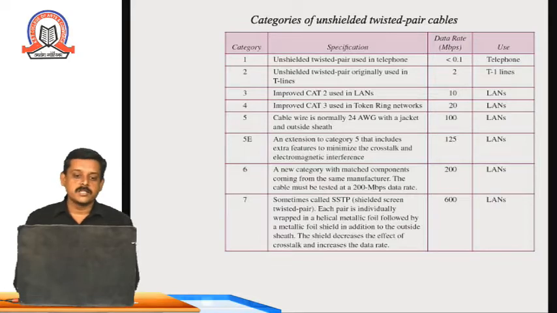Now as you can see in the table, we have categories of unshielded twisted pair cables, and these have different data speeds. We can transfer data from less than 0.1 Mbps to 600 Mbps, and usually these are used in telephone or T lines or in a LAN network.